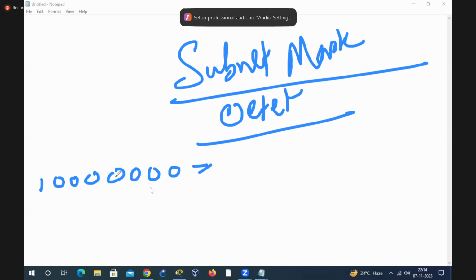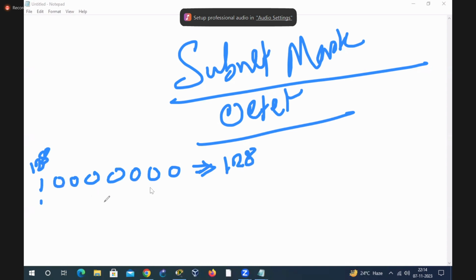This entire octet value will be 128, because this value is 1. So the entire octet value will be 128. One means a network bit in the subnet mask, right? So if you have one network bit, then the value of the octet will be 128.